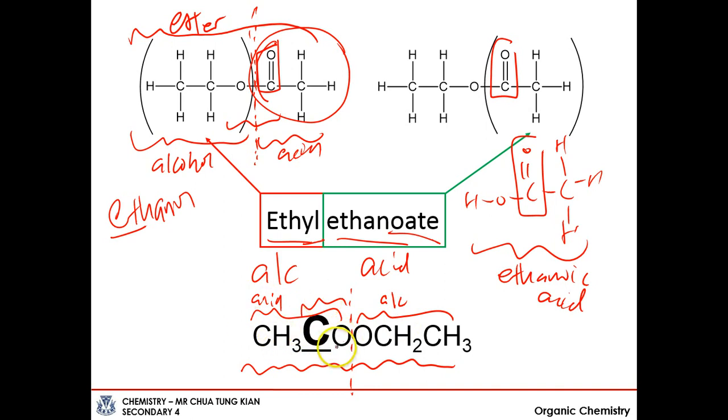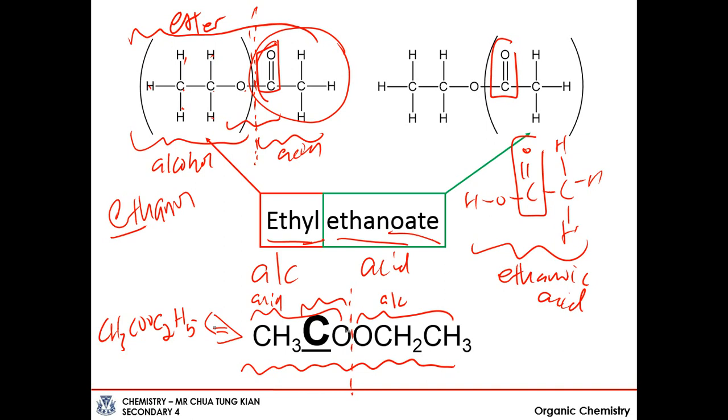CH3CO acid portion, this portion here is the alcohol written in reverse. OCH2CH3, or you can write CH3COOC2H5. Both ways are acceptable. Okay, this one is a bit confusing, so take special note, rewind the video, watch again to make sure you're very clear about this area.